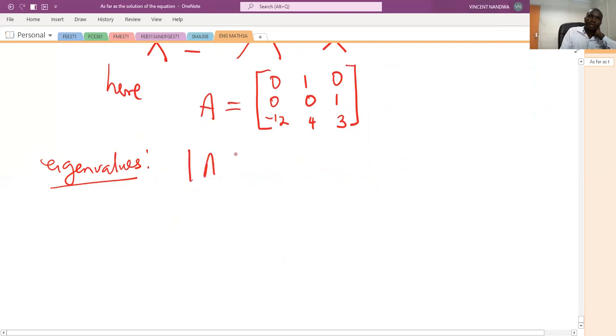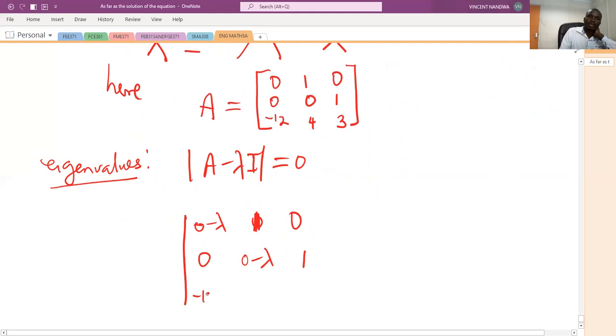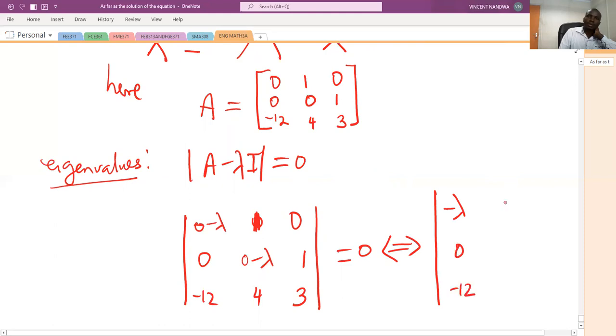So we solve the determinant of A minus lambda I equals 0. So minus lambda, 1, 0, 0, minus lambda, 1, minus 12, 4, and 3 minus lambda would give us 0.